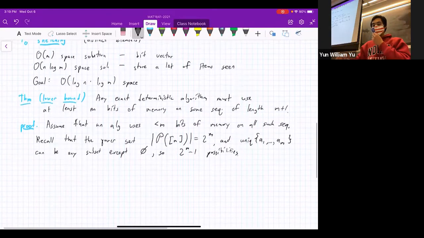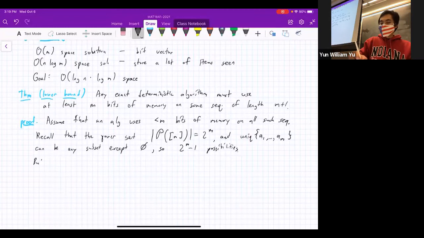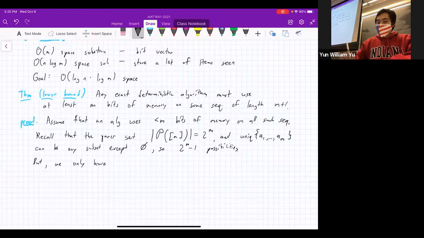Now, this is a little bit of a problem, right? Because we're only using less than m bits of memory, so we only have m minus 1 bits of possible memory. But we have 2 to the m minus 1 possible subsets. And note that this minus 1 is up in the exponent, not outside of the exponent.